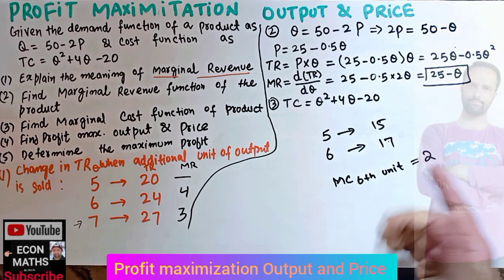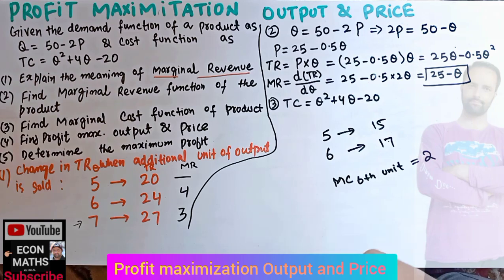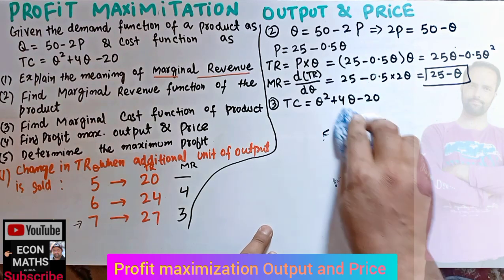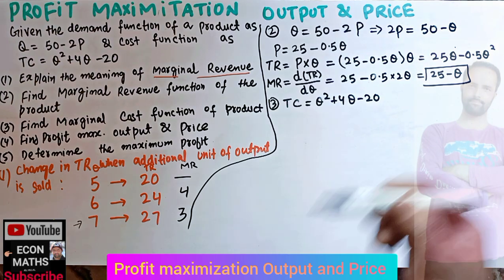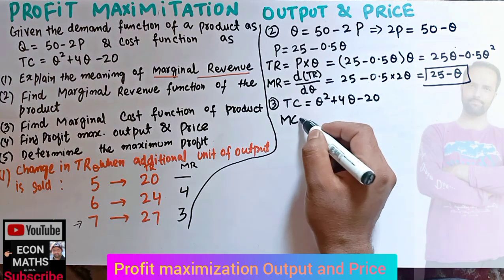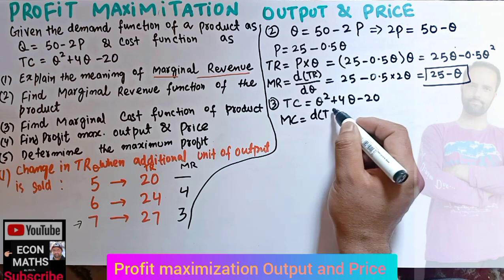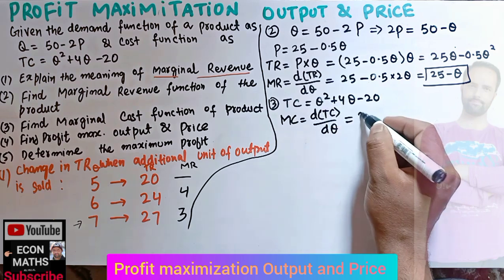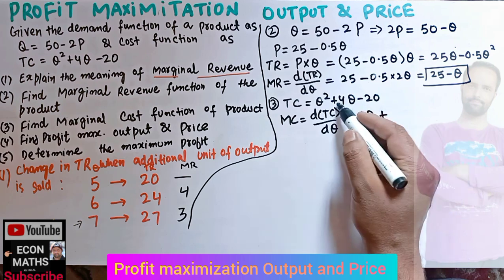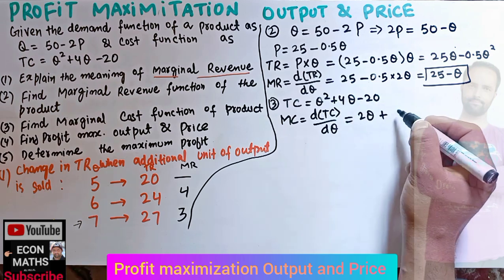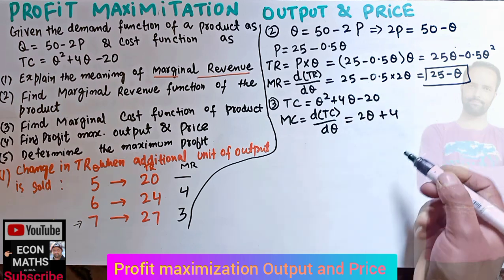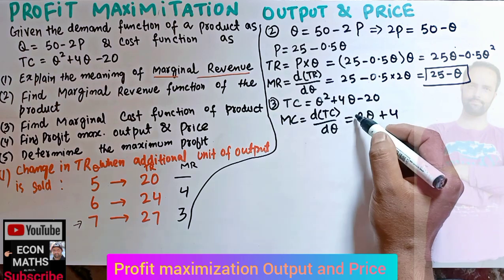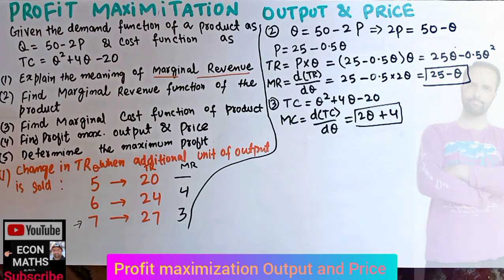Simply the change in total cost when one additional unit of output is being produced. So marginal cost is simply the derivative of the total cost function with respect to quantity. The derivative of q square is 2q as I have explained, plus the derivative of 4q will be 4 only. So this is our marginal cost function.